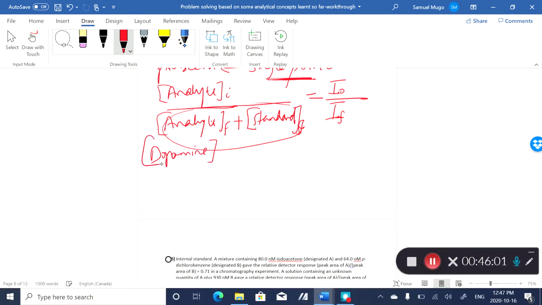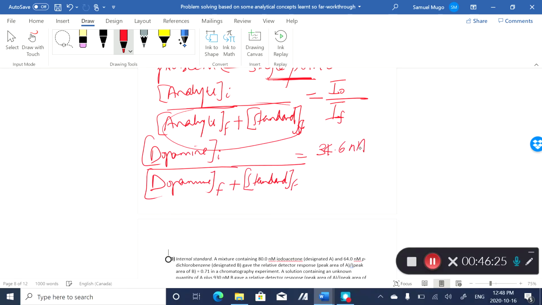And so the dopamine initial, that's what you're looking for, divided by the dopamine final, and then you spiked it with the standard. Of course, the standard has to be dopamine as well. And what you got here, 34.6 nanoamperes is the current that you got. And then for your mixture of the standard and the sample, you got 58.4 nanoamperes.